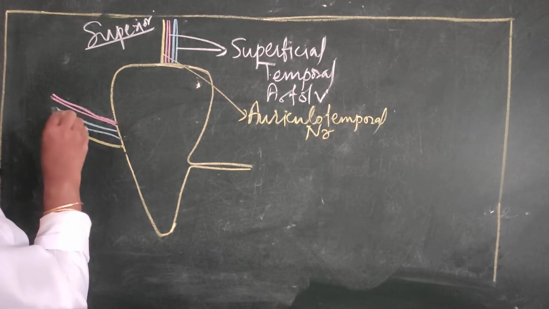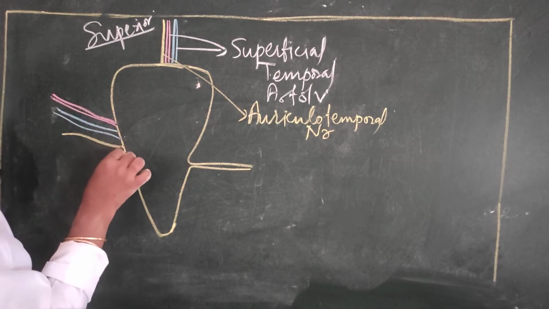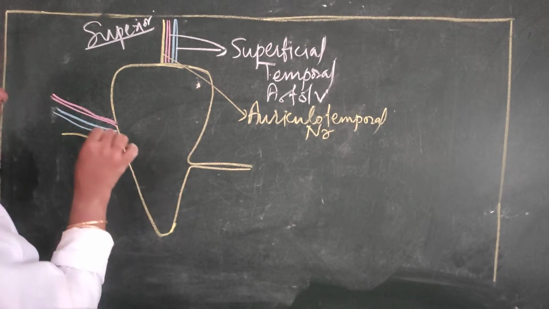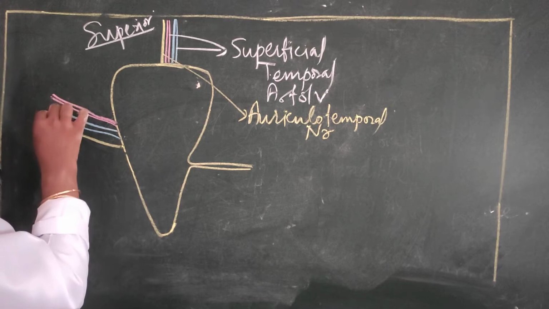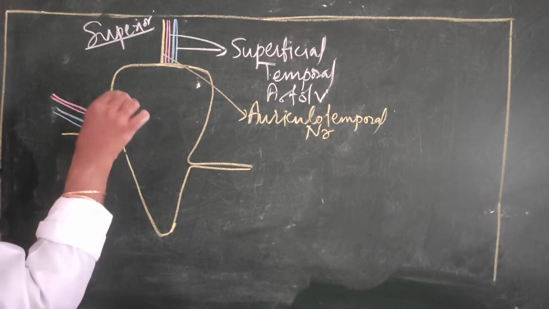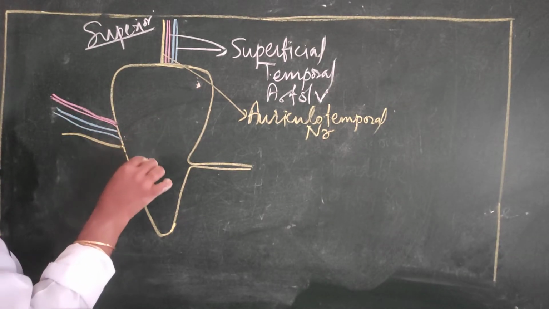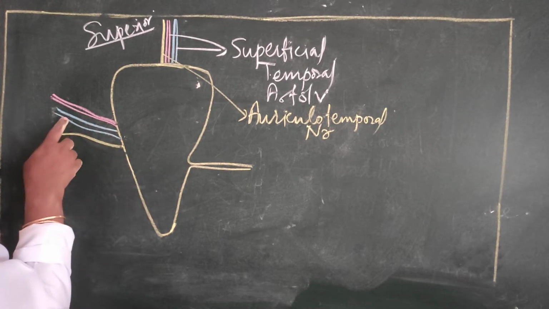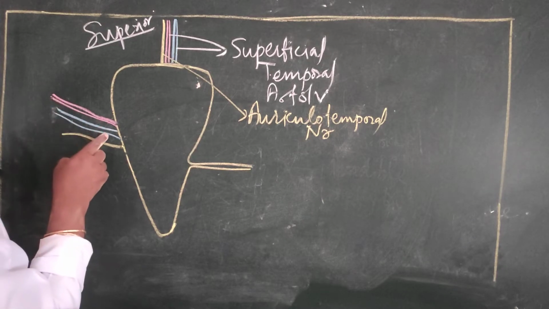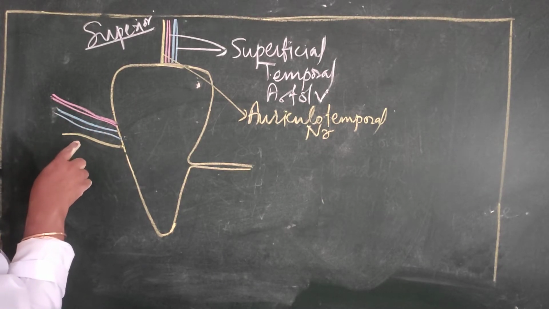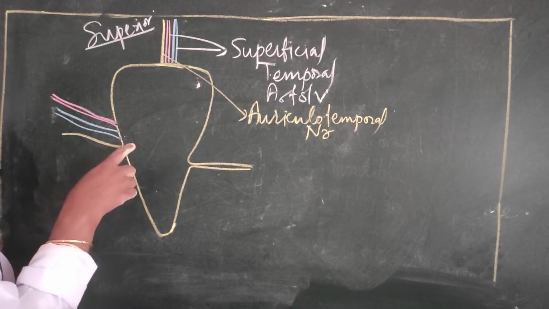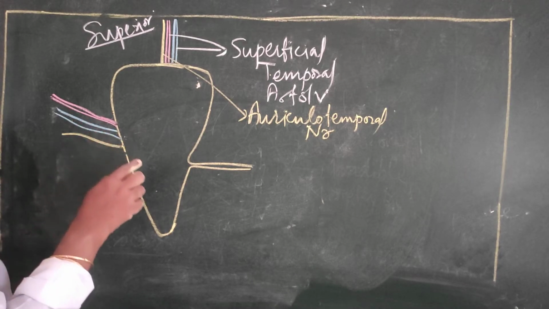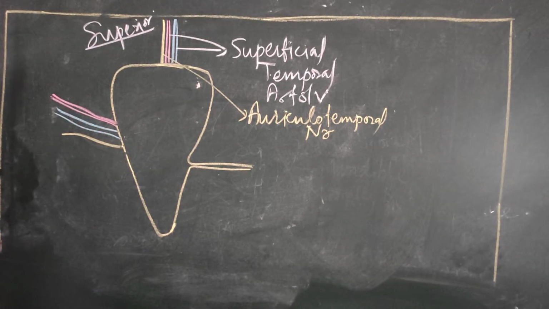The posterior auricular vein drains the posterior aspect of the ear and the posterior aspect of the scalp, and it drains into the posterior division of the retromandibular vein. The posterior auricular nerve is a branch of the facial nerve which traverses within the gland.